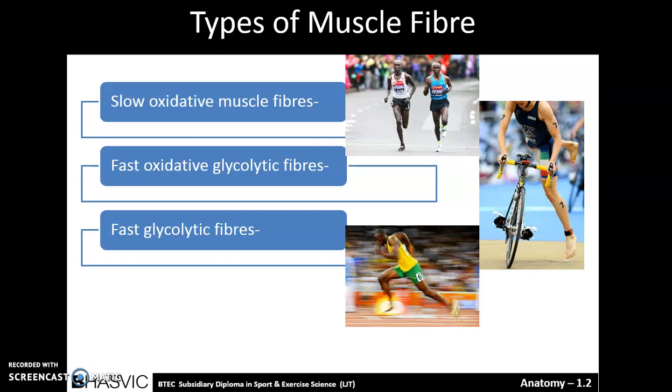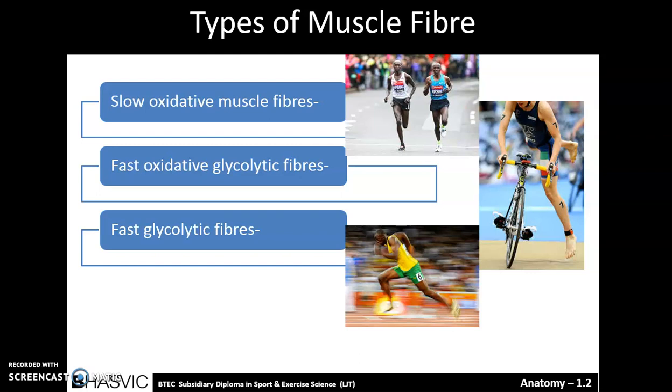This means they only use carbs for their energy source. This means they have a medium fatigue resistance. However, fast glycolytic muscle fibres have low fatigue resistance. This is because they produce lactic acid. Their only energy source is ATP-PC. This is the phosphocreatine energy system.